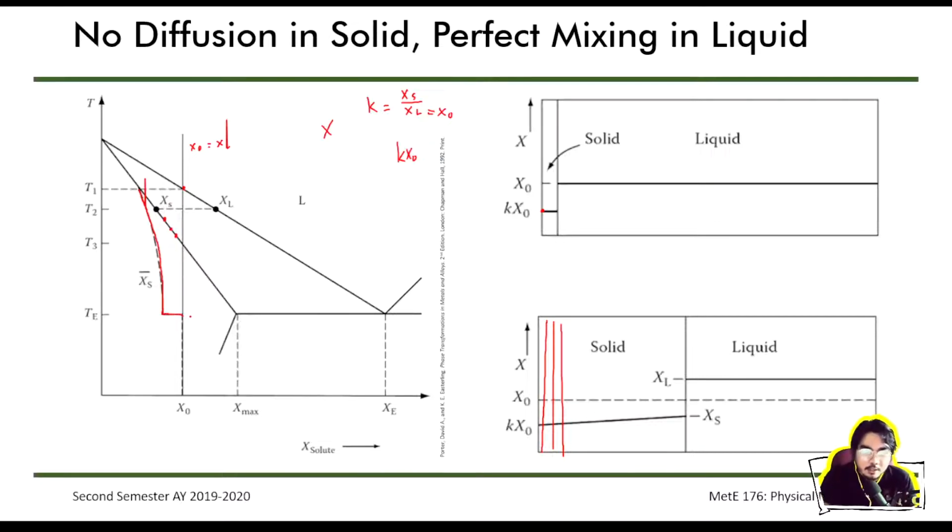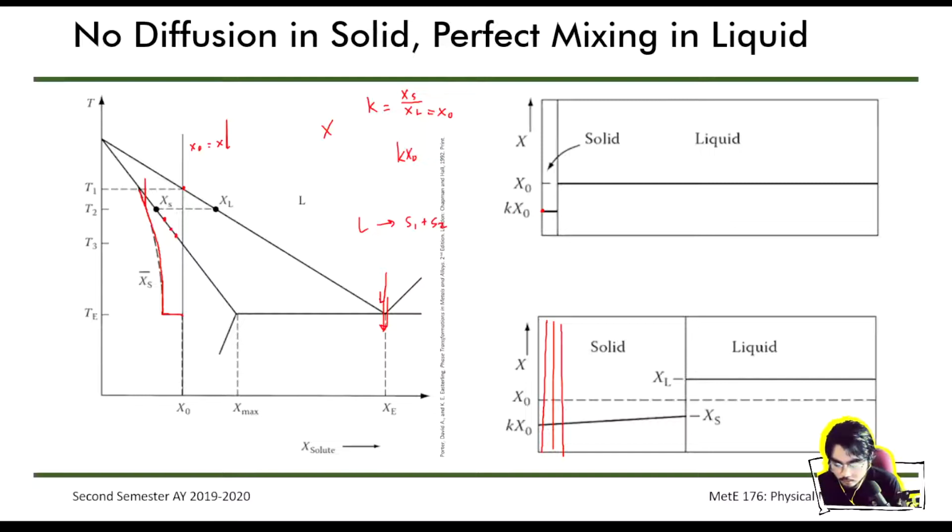And when it reaches the TE line, the eutectic temperature line, what happens there is that the liquid will form directly into solids. So the liquid will transform directly into solid 1 and solid 2.